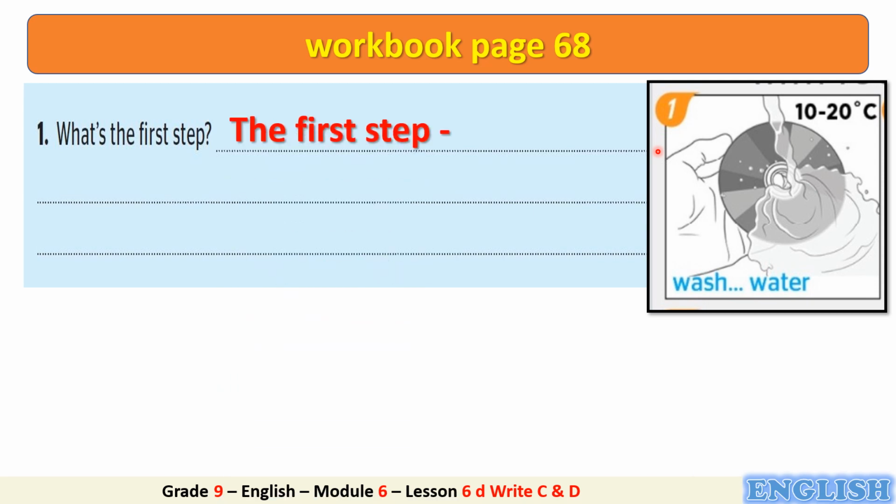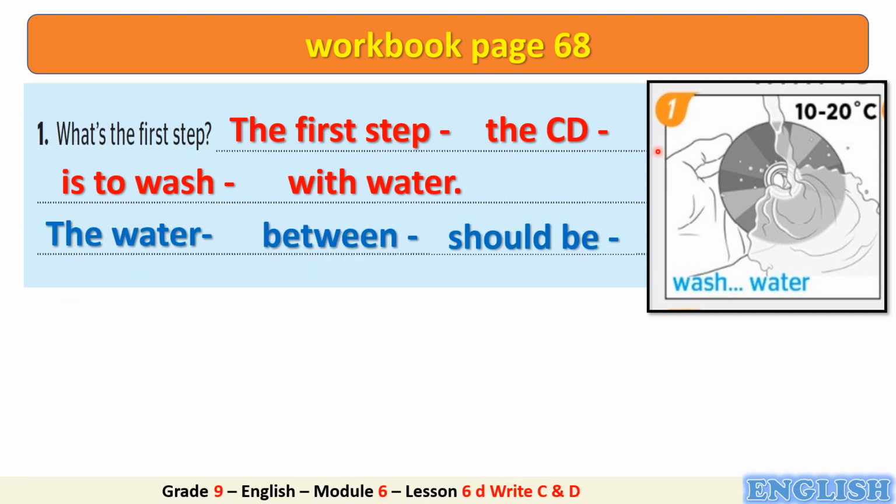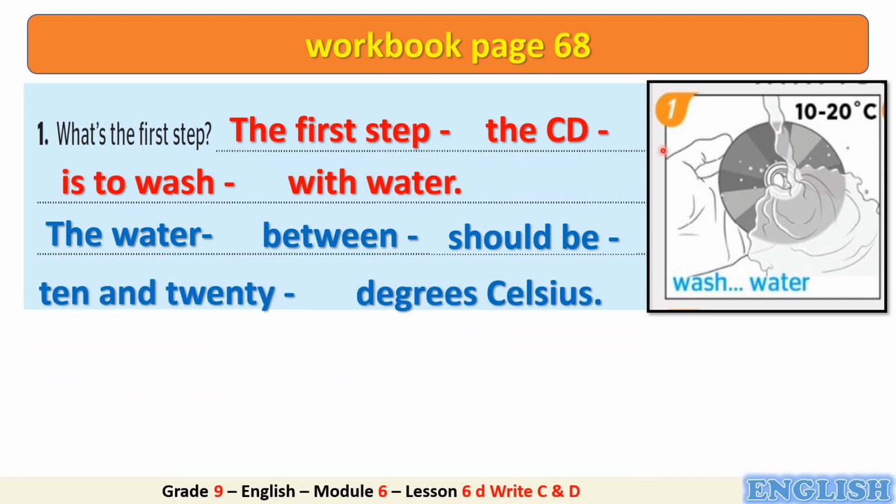The first step, the CD, is to wash with water. The water between should be 10 and 20 degrees Celsius. Now pause the video and try to rearrange these phrases in order to make meaningful sentences.